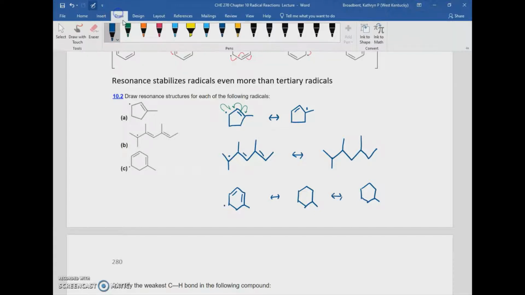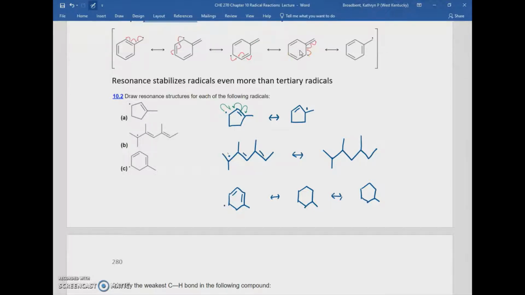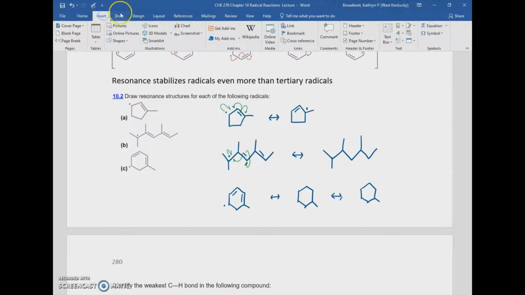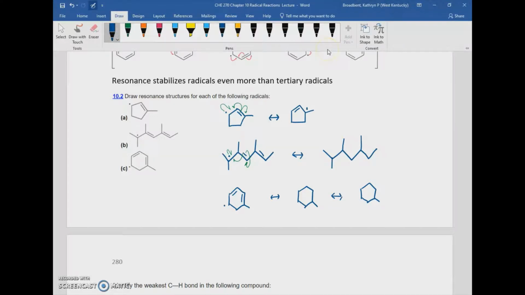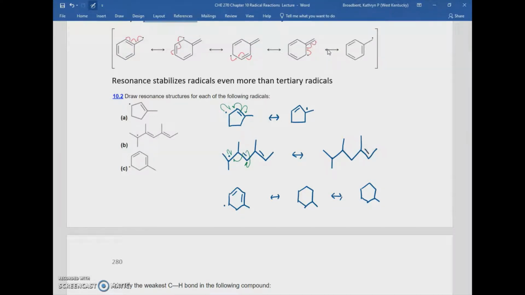Okay, so let's look at the next one. Here we have a radical. It's going to be part of the pi bond here, and one of these is going to join it in making a pi bond, and the other one is going to sit on that carbon right there. Oops, I made a double. It should be a fishhook. I'm used to making double-headed arrows. Okay, so that will give us, let's get my color right. We didn't do anything to this bond, so it's still sitting there.